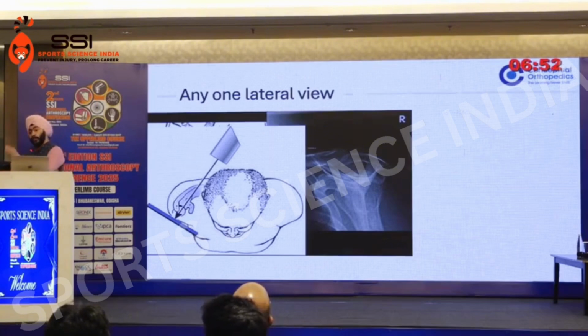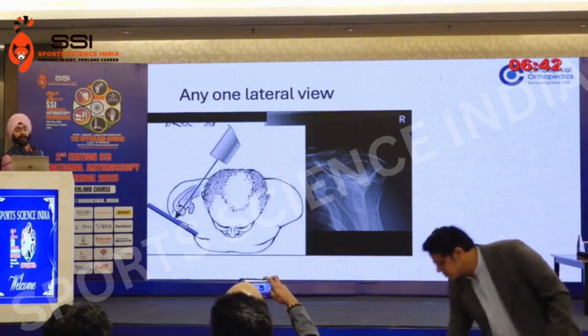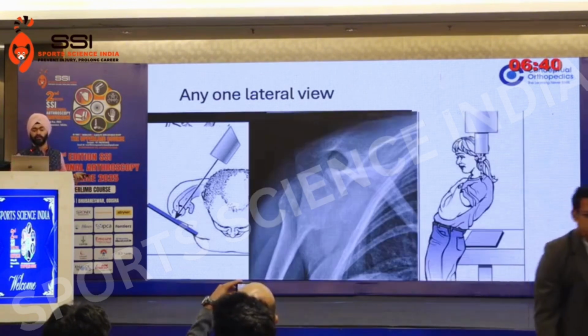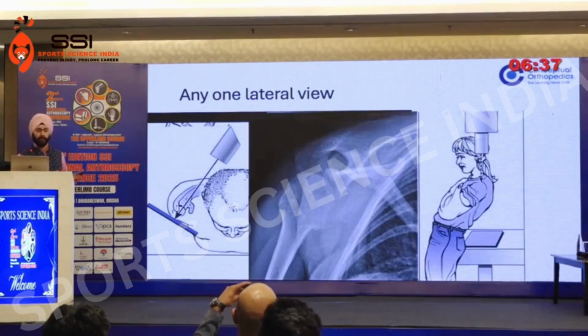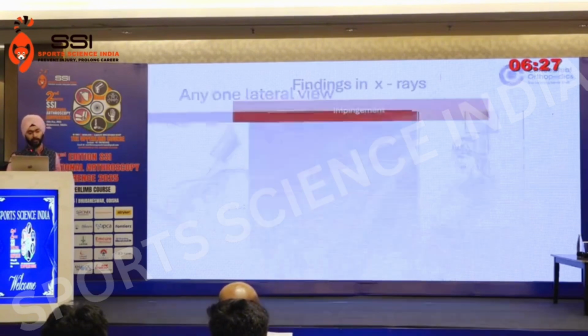The true AP view is going like this, and this would be perpendicular to your scapula, and this would be parallel to your scapula. So you get a Y view, which is another form of a lateral view. Or you can have a Velpeau lateral view, usually used in a trauma situation where you cannot abduct. So either a Y view, an axillary view, or a Velpeau view.